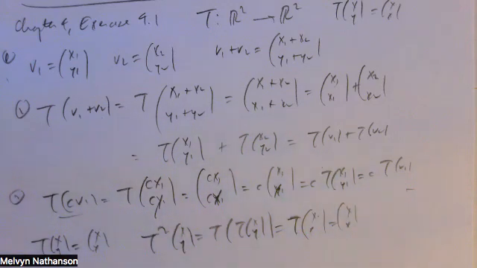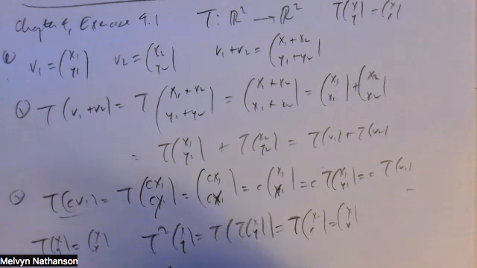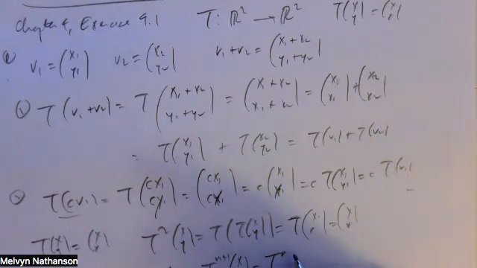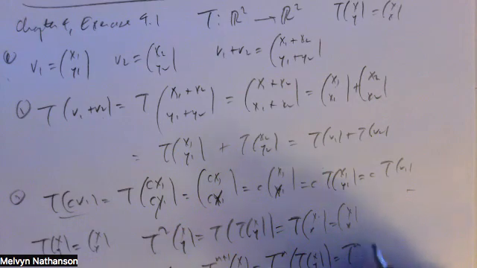And in general, if T to the n is equal to T, then what does that mean? So T to the n plus 1 of a vector (x, y) is T to the n of T of (x, y), which is T to the n of (x, x), which is (x, x).